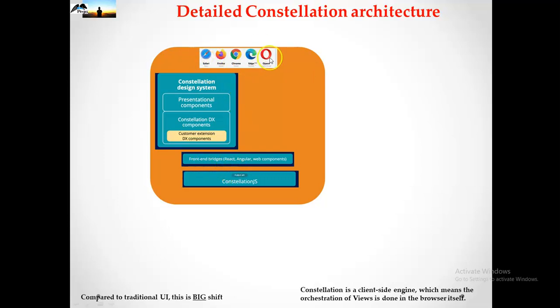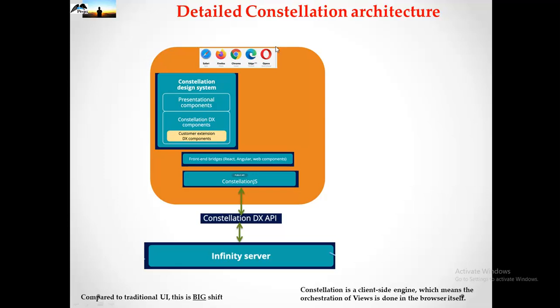Within the browser, we can see it has the Constellation design system, which is loaded with the components, and these components are built on React and Angular, and then it uses the Constellation JS public API to interact with Pega, because everything we are seeing is in the front end.